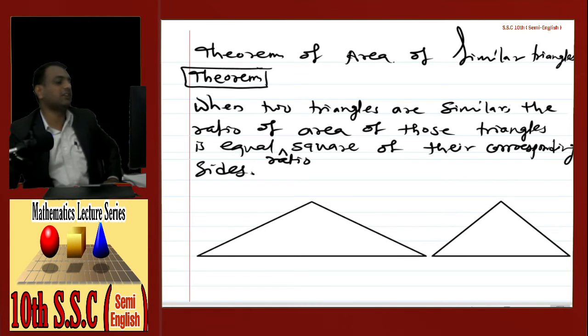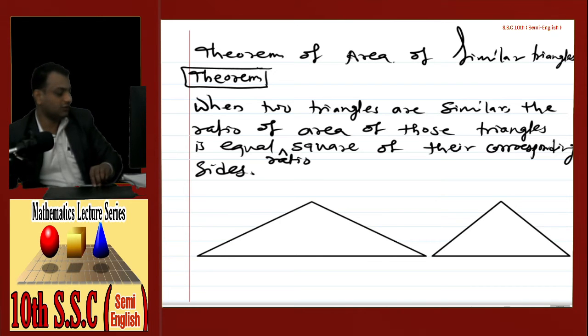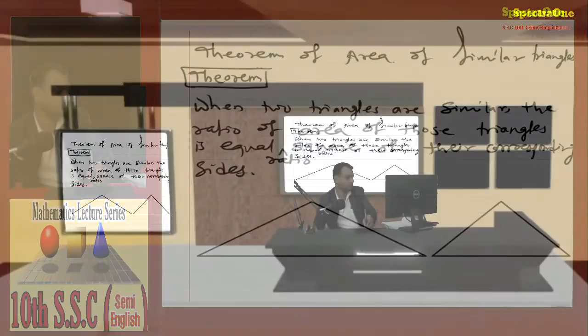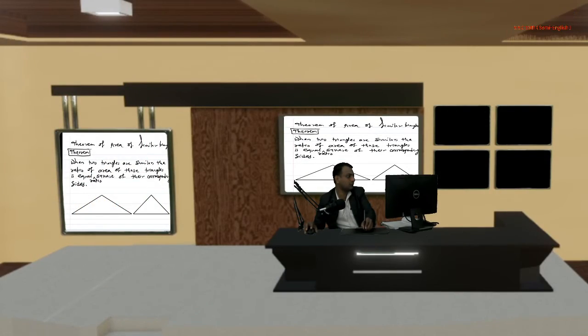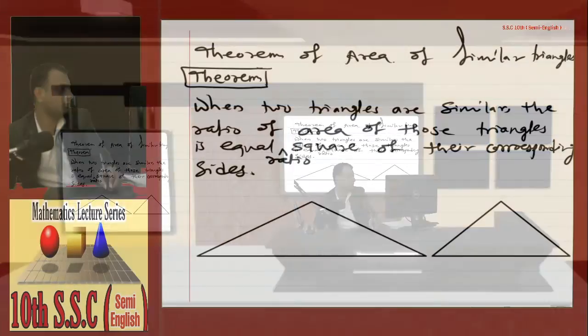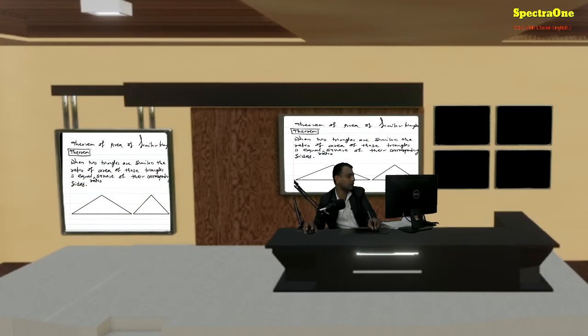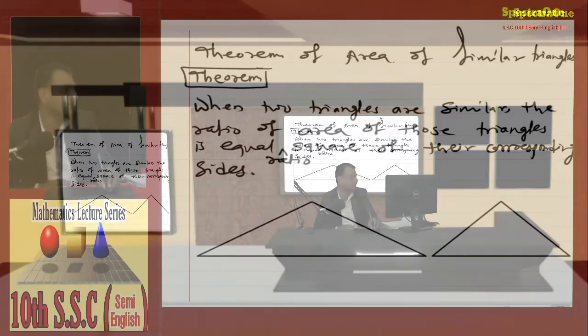This is another triangle. Suppose this triangle is... we will draw one height of that triangle.